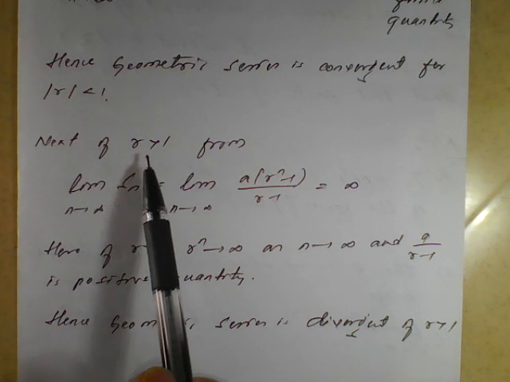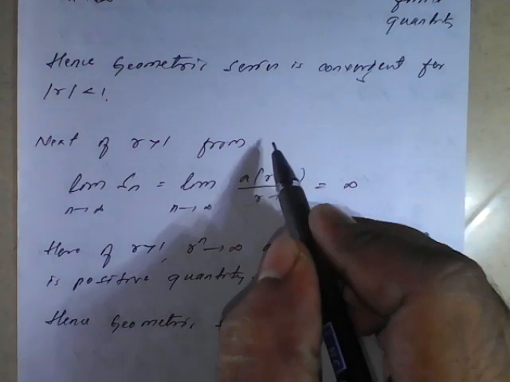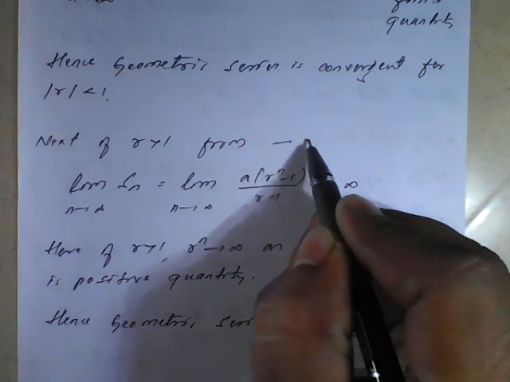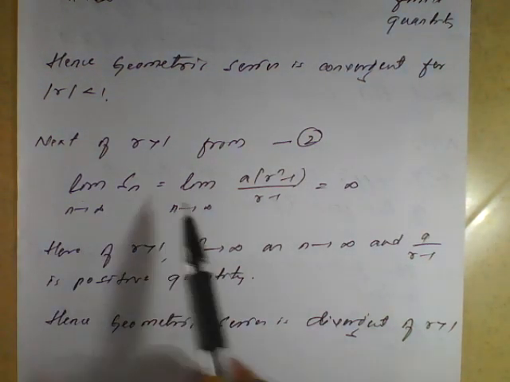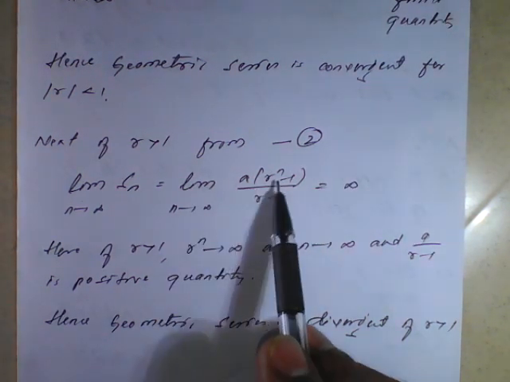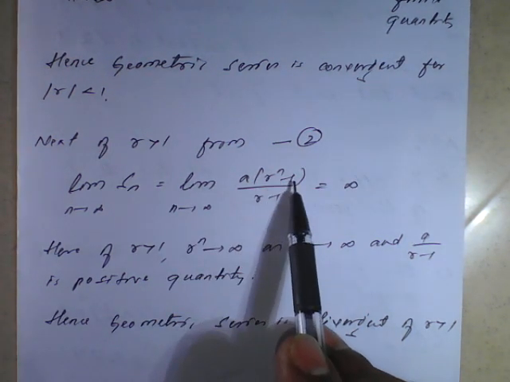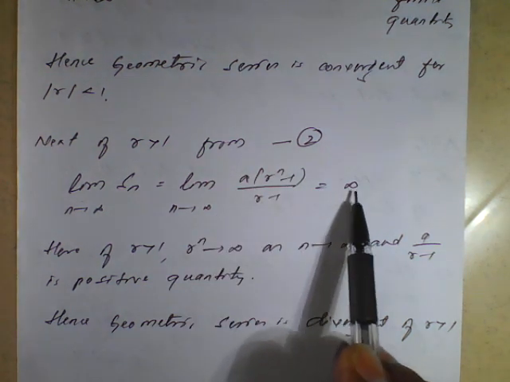Next, if R is greater than 1, from equation 2 the limit of Sn as n tends to infinity will come out. If you apply n tends to infinity, then infinity minus 0 is infinity, and infinity into anything positive is infinity itself.